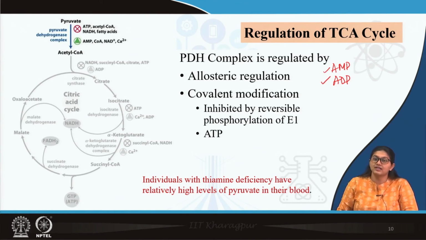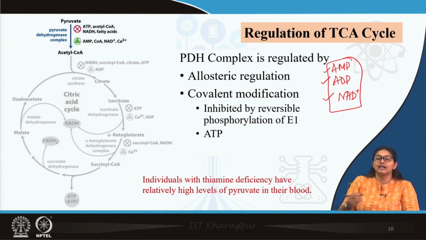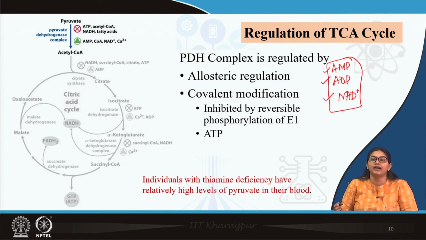So, presence of AMP or ADP, and presence of NAD, which means NADH is used up, so there is more NAD in the system. These are the molecules which signal for the energy demand of the body, so they allosterically activate the TCA cycle enzymes.